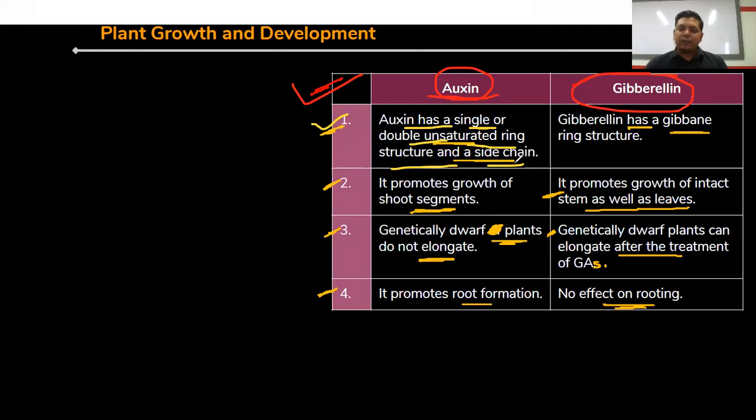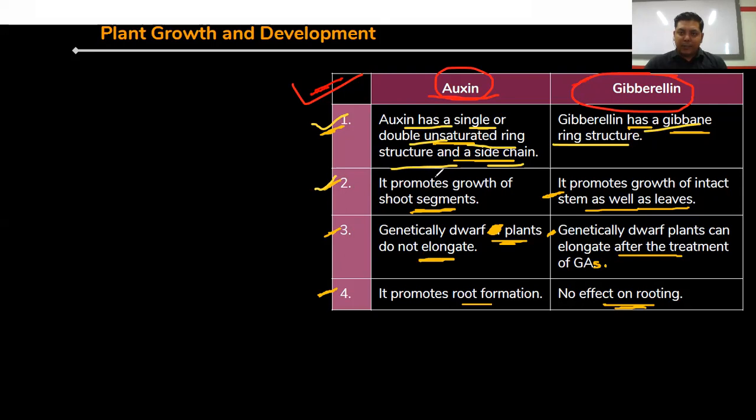Sometimes a question will come from the diagram of, suppose, gibberellin as well as auxin. Here you will get four structural formulas, and then you have to find the gibberellin structural formula. So all the diagrams are also important for your exam. And gibberellin has a single gibberellin ring structure.